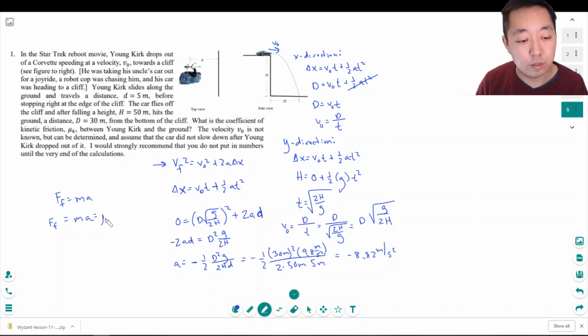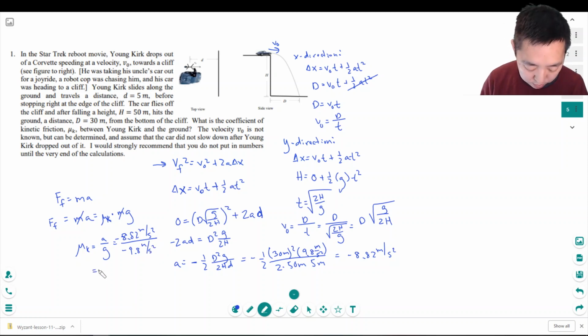It's also equal to mu k times the normal force. The normal force in this case would be mg. So mu k is equal to a over g. So that would be equal to negative 8.82 meters per second squared divided by negative 9.8 meters per second squared. And so the coefficient of friction would be 0.9.